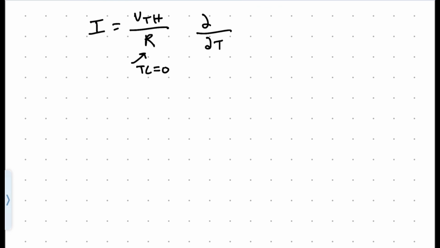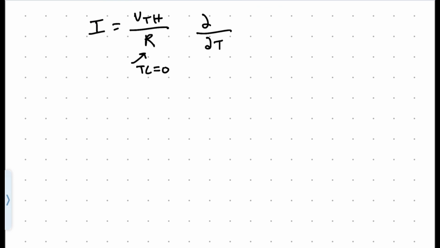To summarize the example that we just covered, the output current is equal to the threshold voltage divided by the resistance. Now, if we were to take the partial derivative with respect to temperature, then we're making an assumption that the temperature coefficient of that resistor is 0, that it does not vary with temperature.